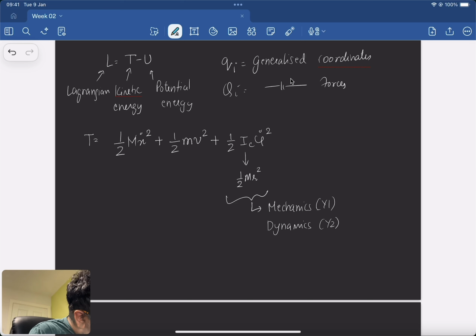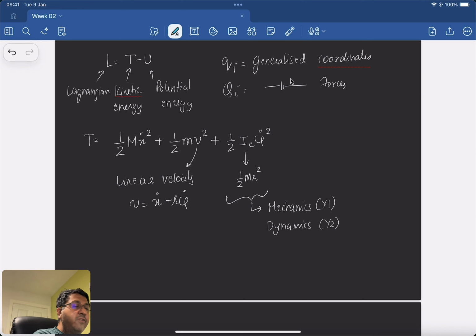The second thing we have not defined is our velocity. We can define the linear velocity of the rotational object. Again, this is something we would have discussed in mechanics or dynamics. V is nothing but x dot, which is the motion of the bottom mass, minus r into phi dot.